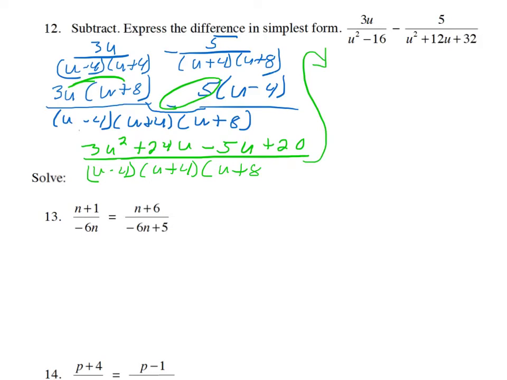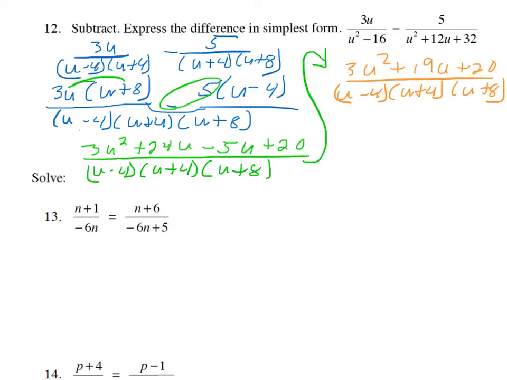So that's going to give me 3u to the second. And let's see, 24 minus 5 gives us what? 19u plus 20 all over top of this u minus 4, u plus 4, and u plus 8. And it looks like I forgot a parenthesis over here, so let me put that in place.